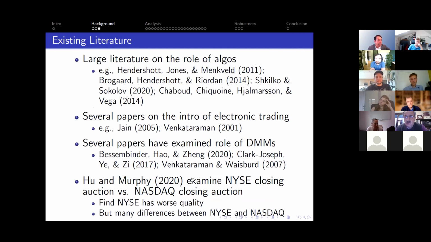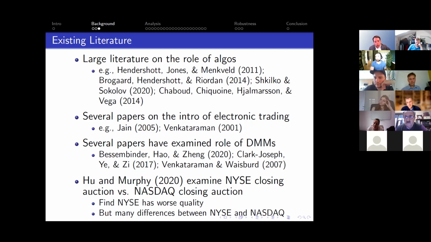And then the last thing I should mention, there's this related paper by Hu and Murphy that's pretty interesting. They pitch it as looking at floor trading. I really pitch it as slightly different. I think they show pretty convincing evidence that the NYSE auction has in general worse market quality than NASDAQ closing auctions. And if you really dig apart their analyses and tables, most of it is focused on auction closing quality and not floor trading.